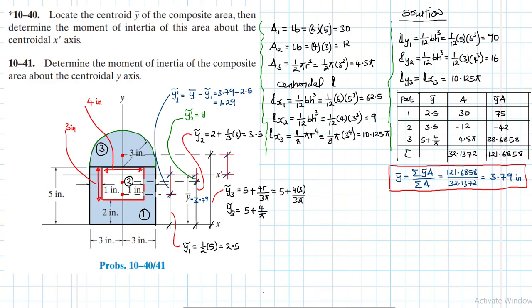This is y bar minus y caret 2, which is equal to 3.79 minus 3.5. This is equal to 3.79 minus 3.5. This is equal to 0.29.